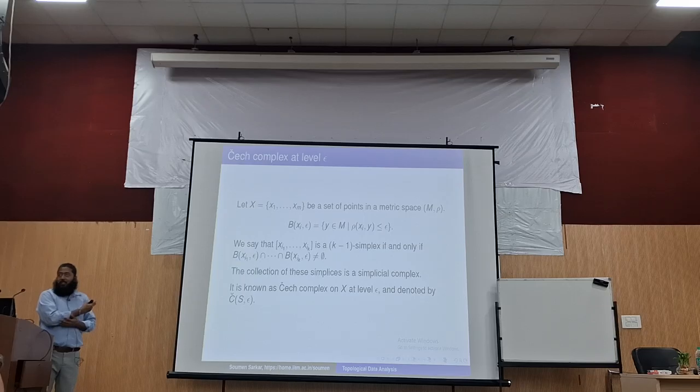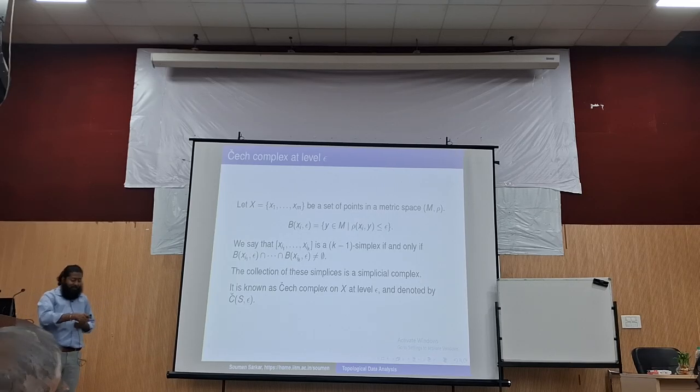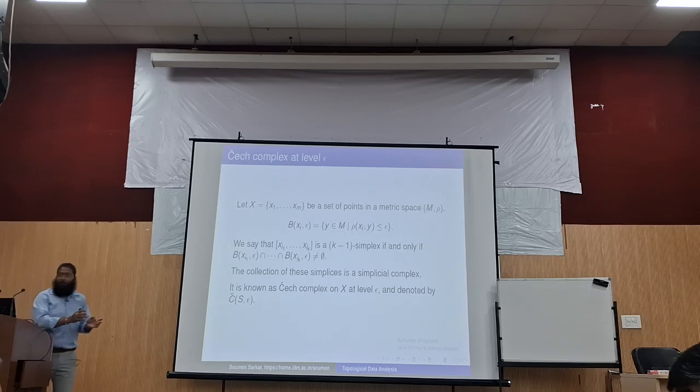We can define it. But whether it will be meaningful also, in the next slide we will see that it is meaningful in some sense. This is called the Čech complex at level epsilon. So from a data set, this is how we get a simplicial complex.